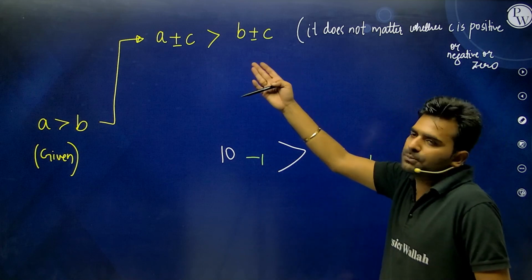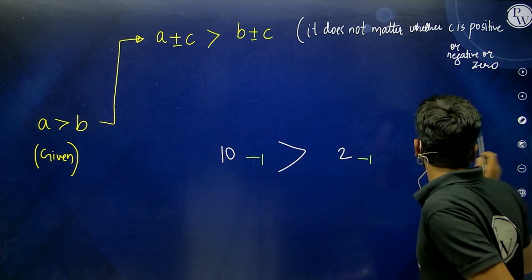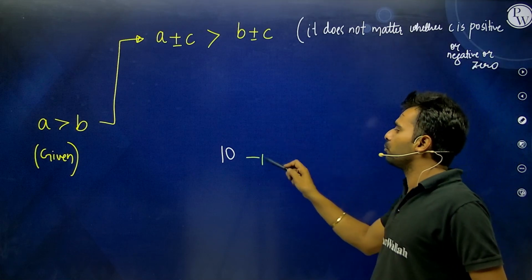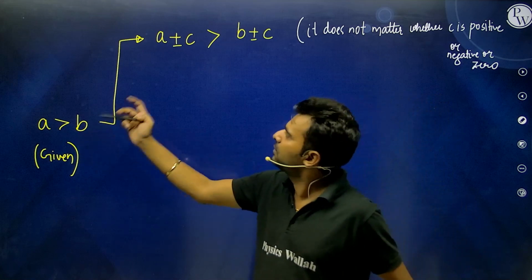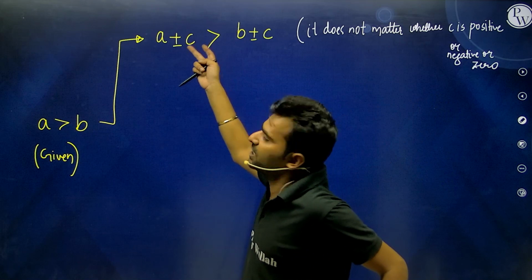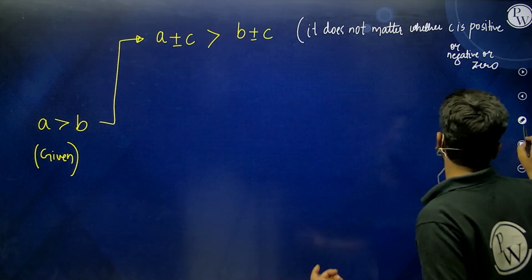So whether this c is positive or negative, it does not matter. Whether it is 0 also, then also it does not matter. So if I'm subtracting the same quantity from both the sides of the inequality, just minus c, the sign of inequality will remain the same. If I'm adding the same quantity, plus c, on both the sides of the inequality, the sign of inequality will remain the same.